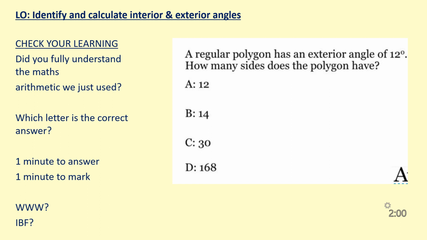I'm just going to pause it now properly. The answer would be C, and that's 30 degrees. 12 into 360 degrees. 12 goes into 36 three times, and then we put our 0 on.